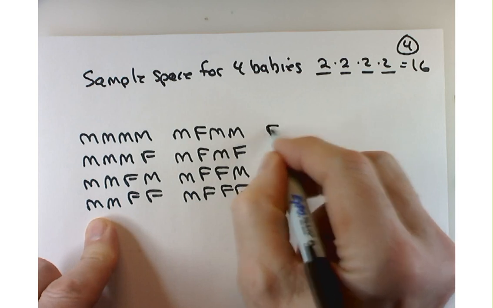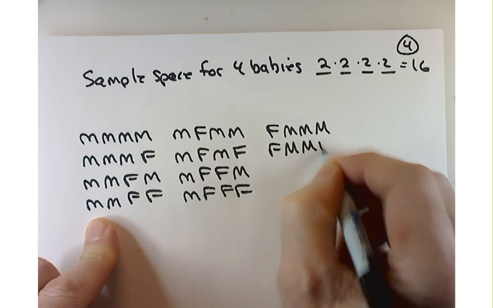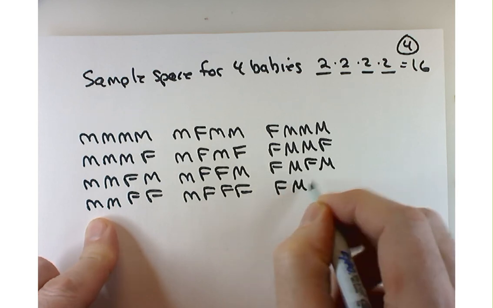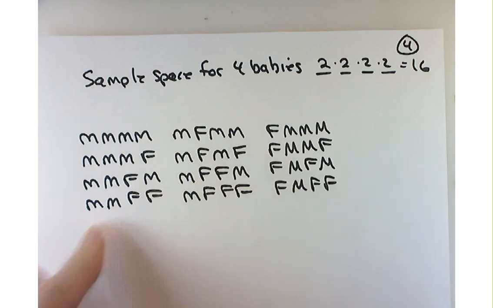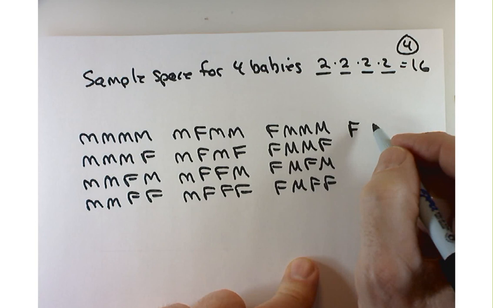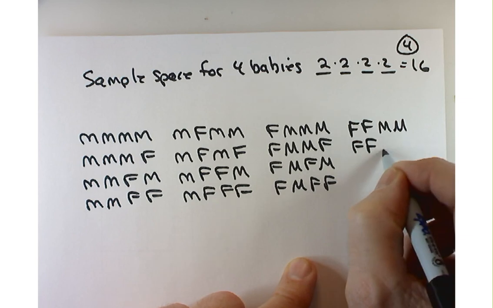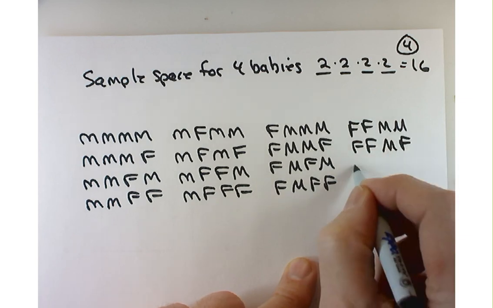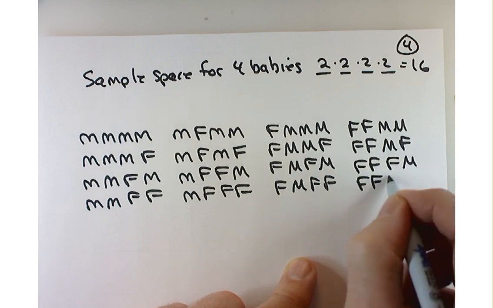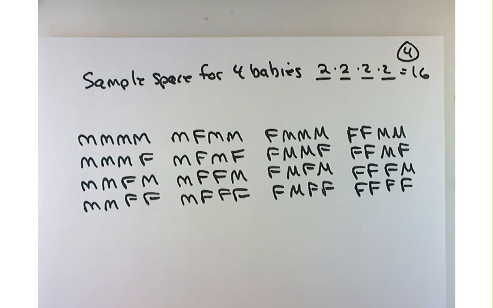That's going to be F, M, M, M, F, M, M, F, F, M, F, M, and F, M, F, F. And finally, the last 4 here, F, F, F, M, M, F, F, M, F, F, F, F, M, and finally the last one, F, F, F. So that's my sample space for those 4 kids.